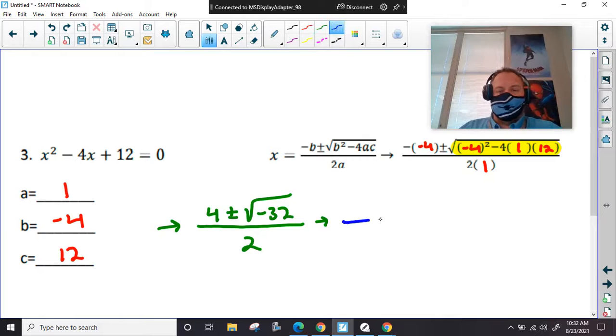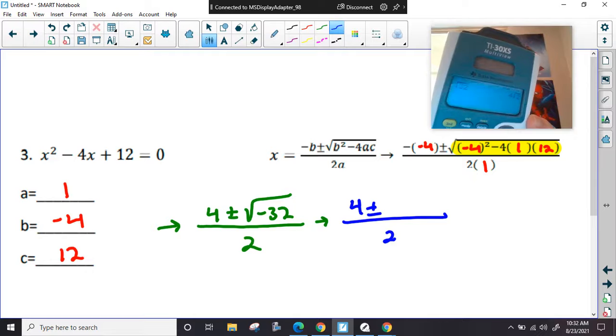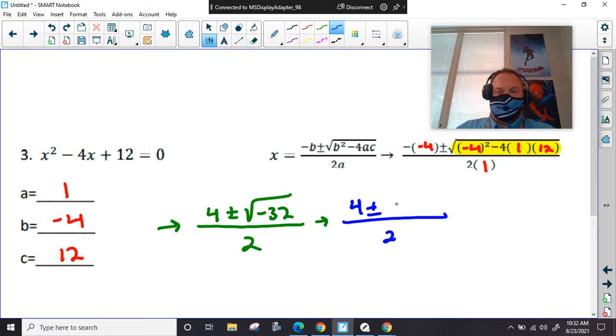All right. So now I need to find out if 32 has a perfect square in it. Okay. And I got this. The square root of 32 is 4 root 2. All right. And then we're going to put the i right here.